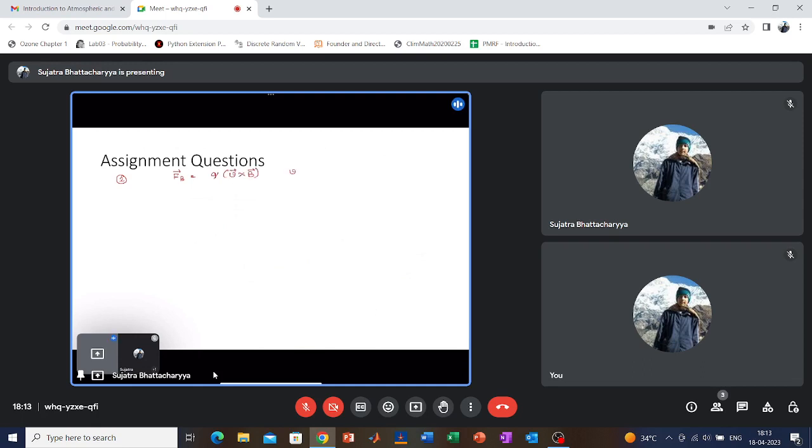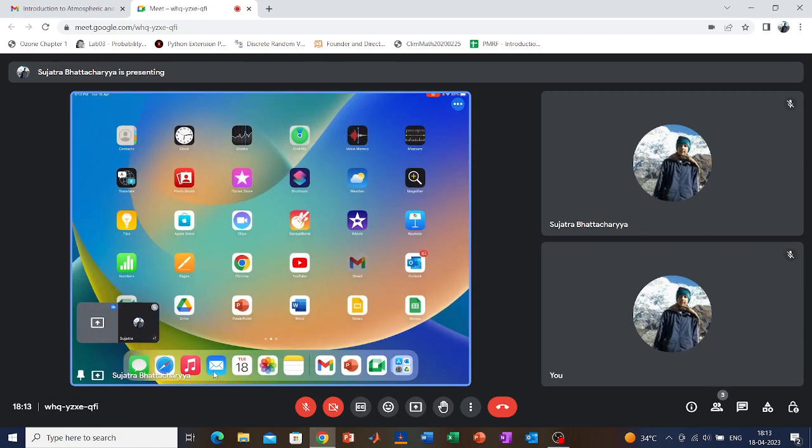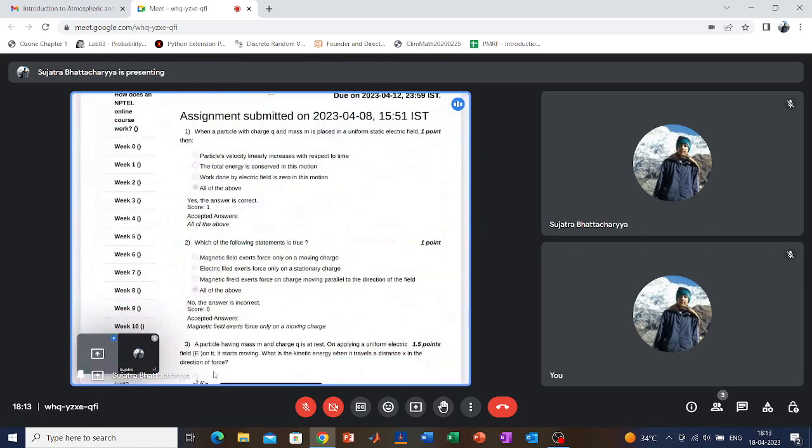Now if V is 0, then of course this Fb should be equal to 0. That is very intuitive. Therefore the first option is definitely correct. That is, magnetic field exerts force only on a moving charge.